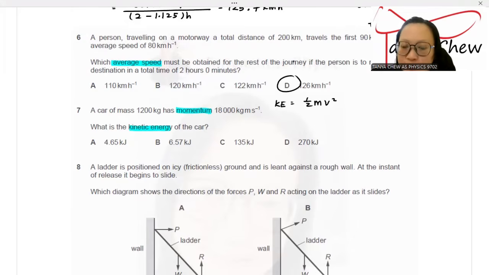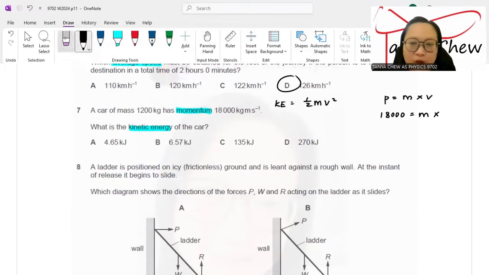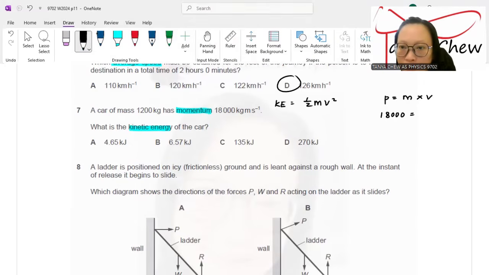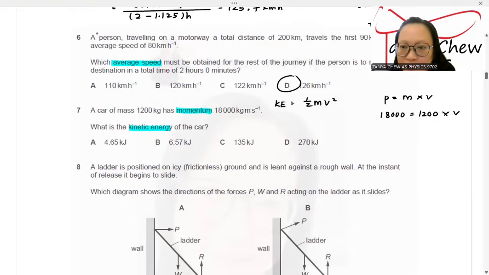Momentum is equal to mass multiplied by velocity. 18,000 is equal to the mass of the car, which is given as 1,200, multiplied by the velocity. So you just sub it in. 1200 times v. Make v the subject. Your v is 18,000 divided by 1,200.